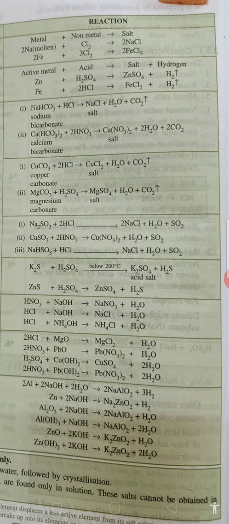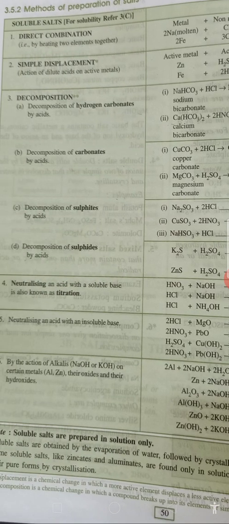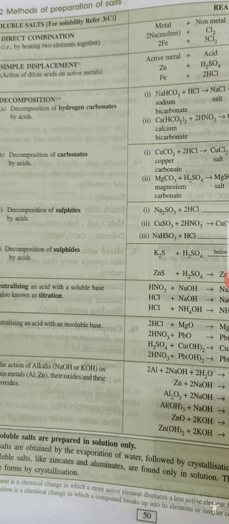In the same way, copper sulfite when it reacts with nitric acid gives you copper nitrate plus water plus sulfur dioxide. In the same way, sodium bisulfite when it reacts with hydrochloric acid gives you a salt NaCl plus water plus SO2.